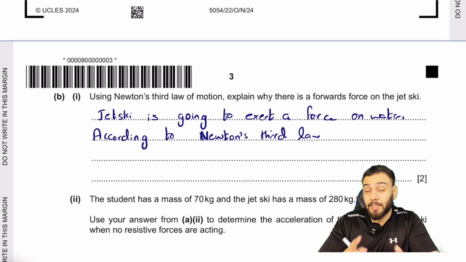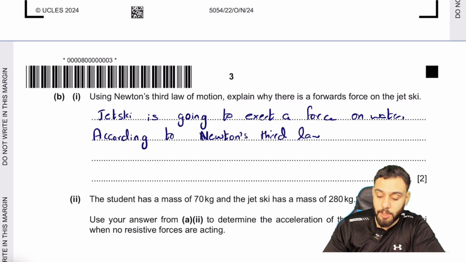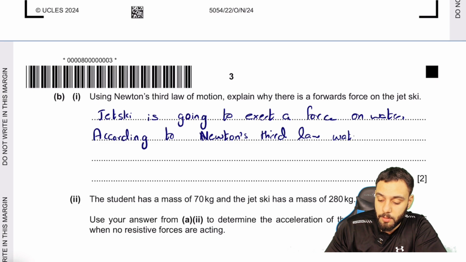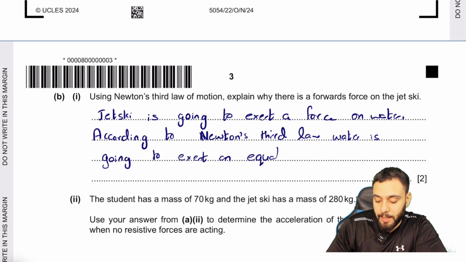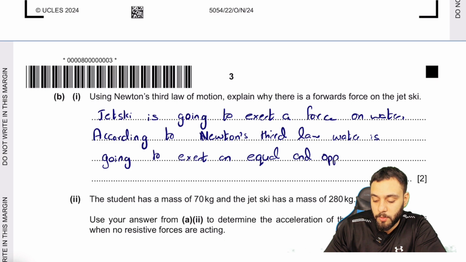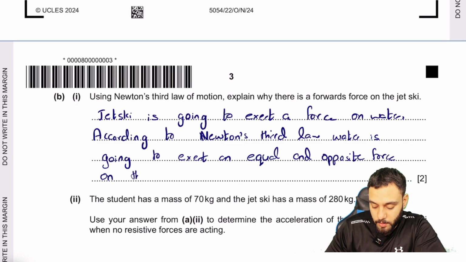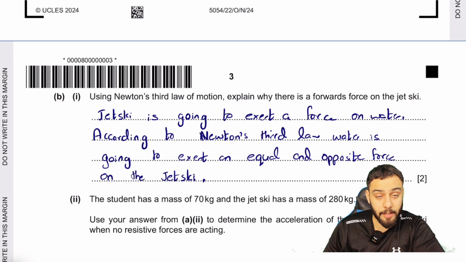The water is going to exert an equal and opposite force on the jet ski. That's going to be pretty much it. Moving on to the next one.